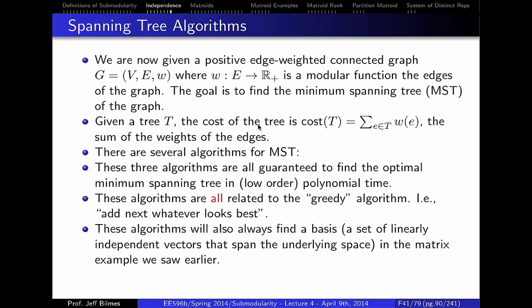Because at some point, no matter what you do, if you add a vector, you're going to get a linearly dependent set. But if you're greedily looking, it doesn't matter the order in some sense that you choose linearly independent vectors. You're eventually going to get independent vectors that span the space spanned by the matrix at least. Okay? Does everybody see that?